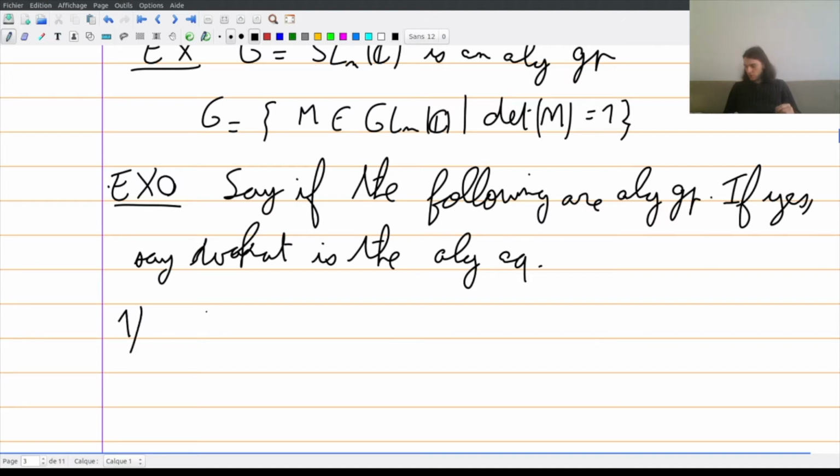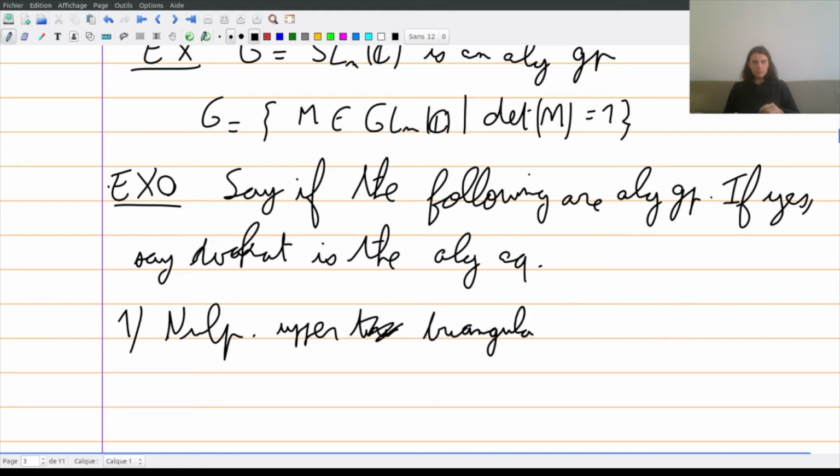So the first example is nilpotent upper triangular matrices.